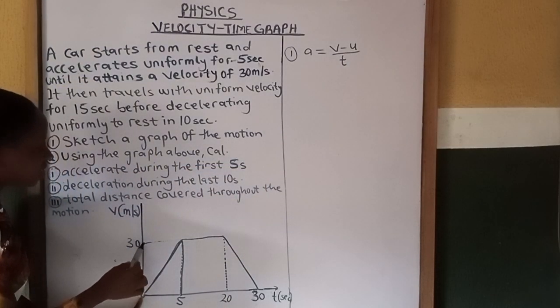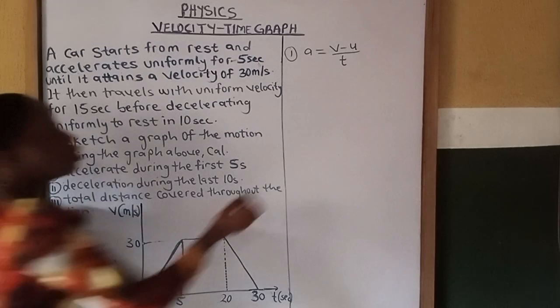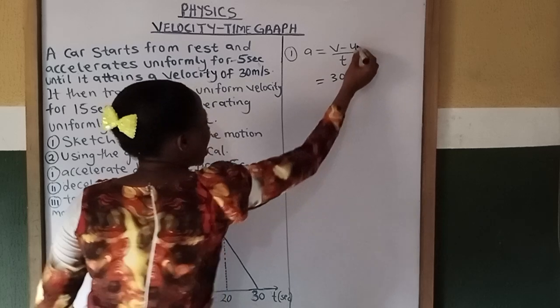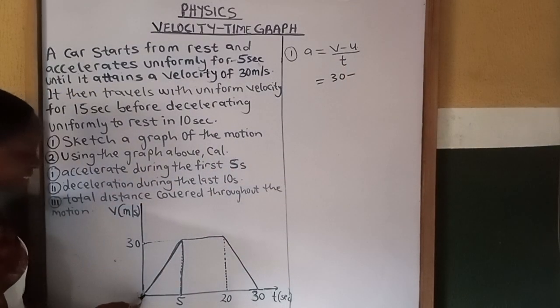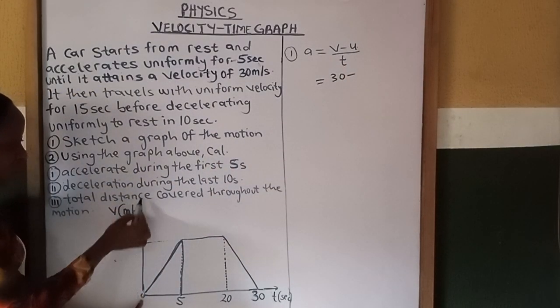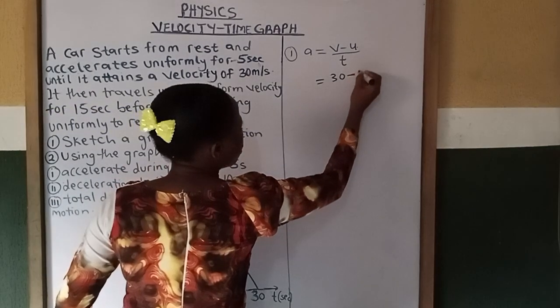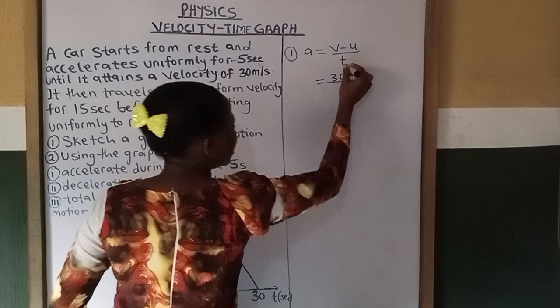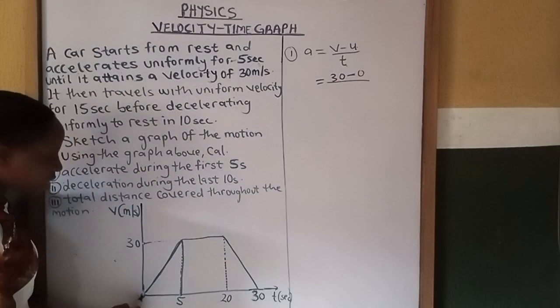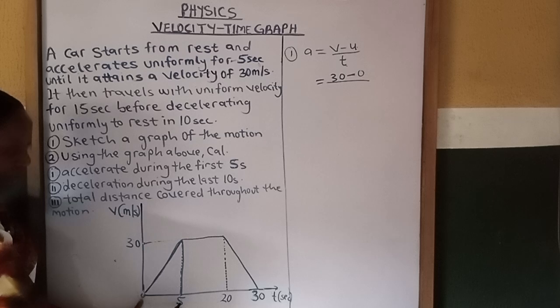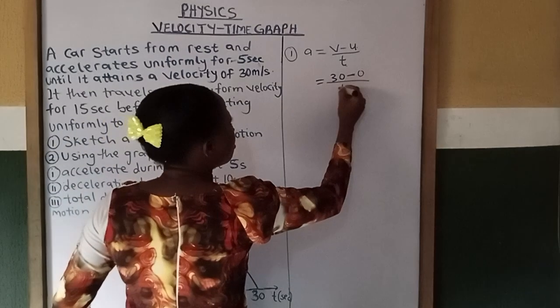Our final velocity is 30. So a equals 30 minus our initial velocity, which is the starting point on the velocity axis, 0, so 30 minus 0, divided by the time taken. The time taken for the first 5 seconds is 5 seconds, so divided by 5.